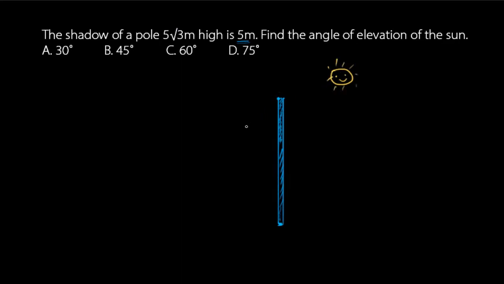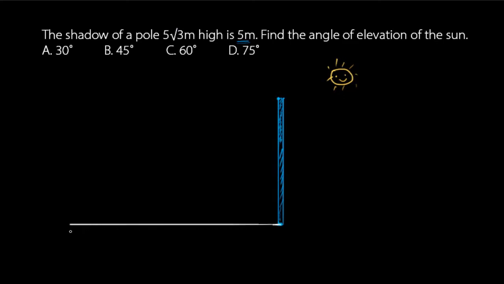Now when the sun shines its light, it's going to exhibit a ray, and then the exhibition of the ray is going to cause the shadow of the pole to be reflected on the ground surface. So let's say this is the shadow. Let me just sketch the ground.